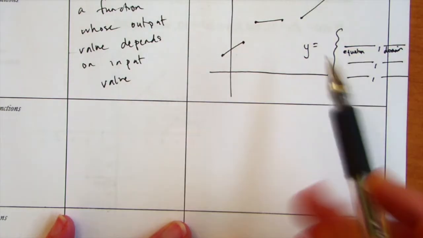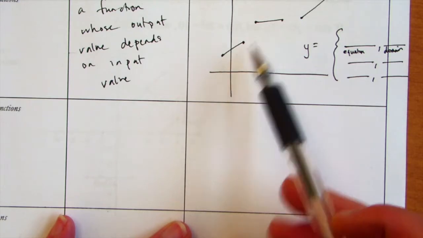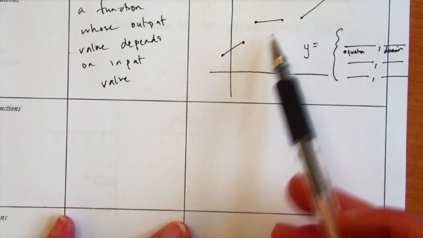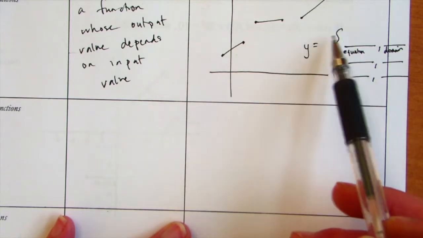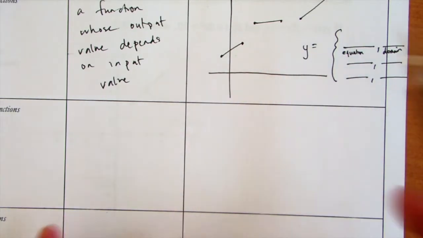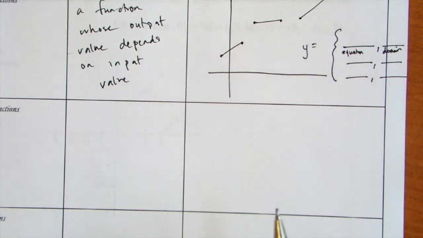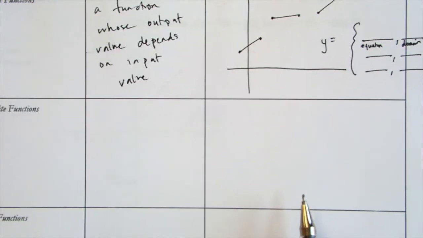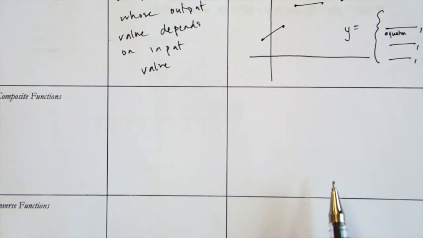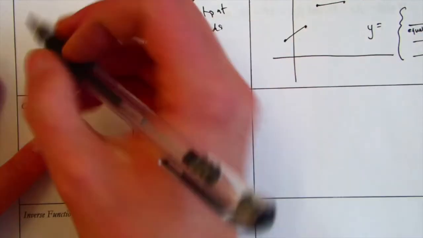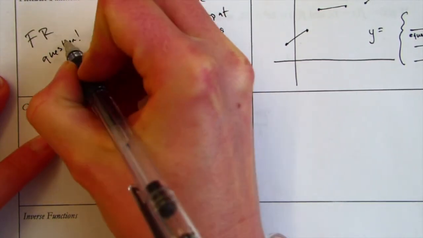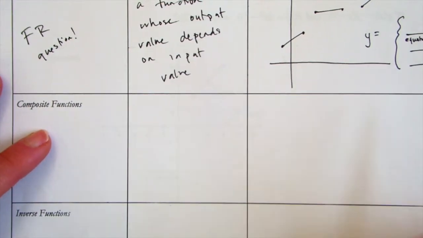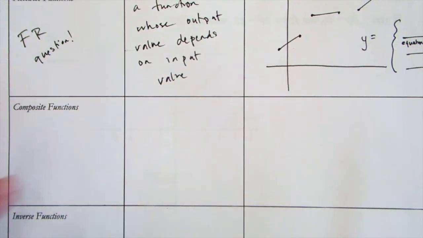So the function is behaving differently depending on the input value that it's taking on. So in different domains, the function is going to follow a different rule or a different equation. And we're going to have a problem later on in the study guide where we go through how to write one of these function rules. That's going to be one of your free response questions on the exam. Make a note of that here. So one free response question is going to be writing a function rule for a piecewise function.